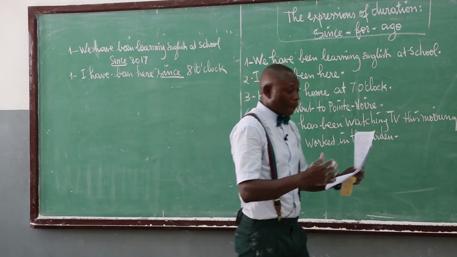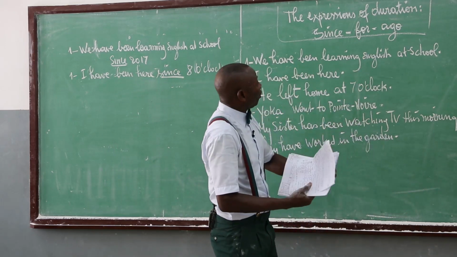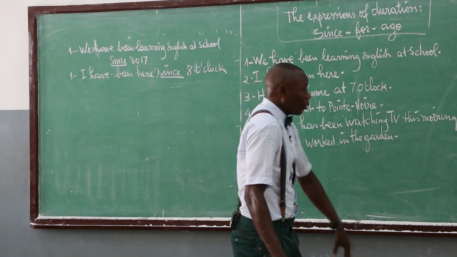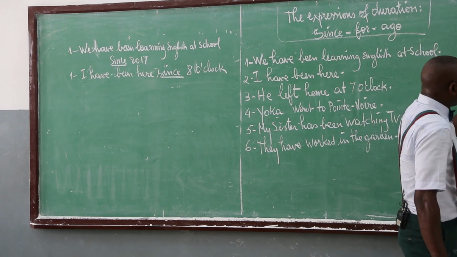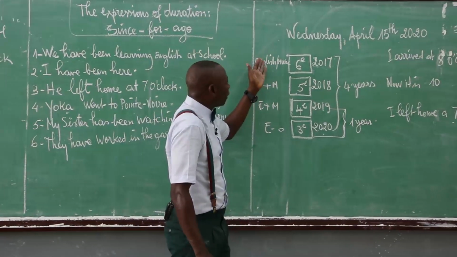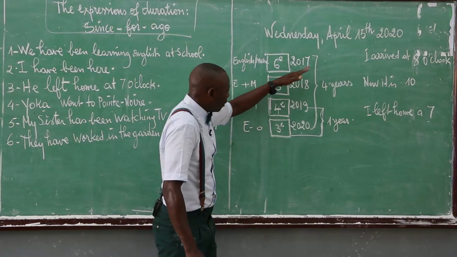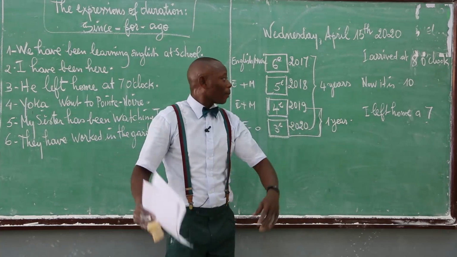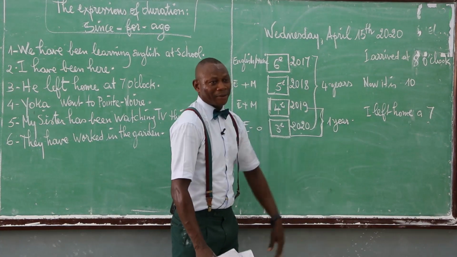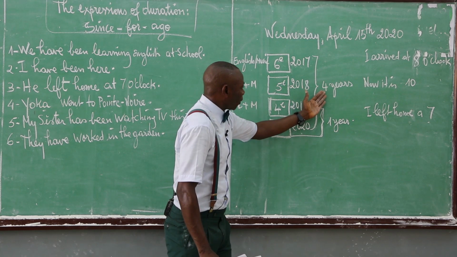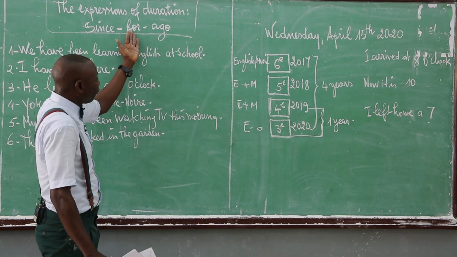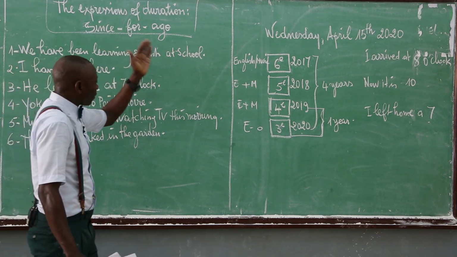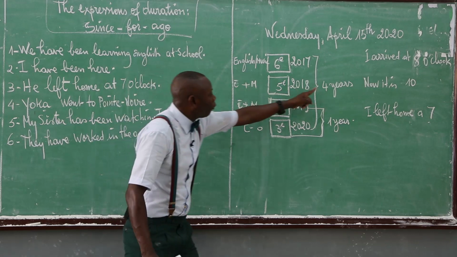So let's shift to the word for. The expression for. What are we going to say? You started learning English in 2017. Now it is 2020. You're still learning English, okay? So we have spent 4 years for that. And then to express the duration with for, I say that we have been learning English at school for 4 years.